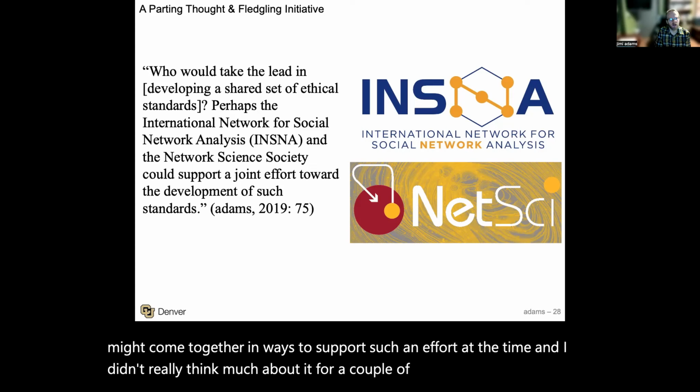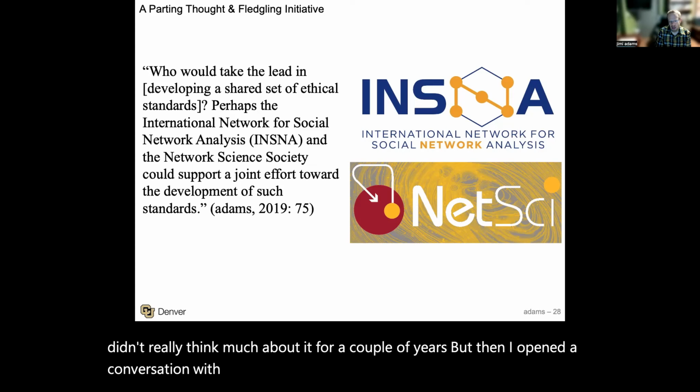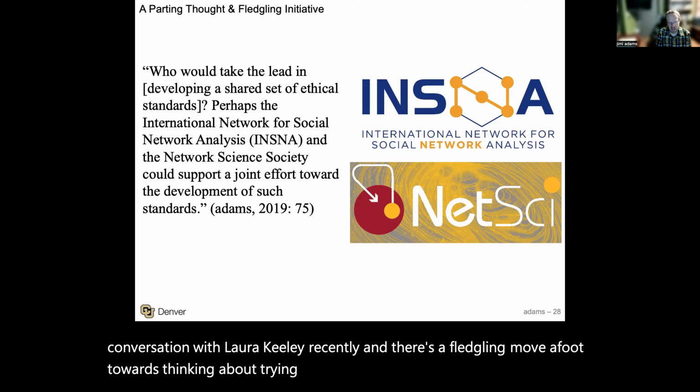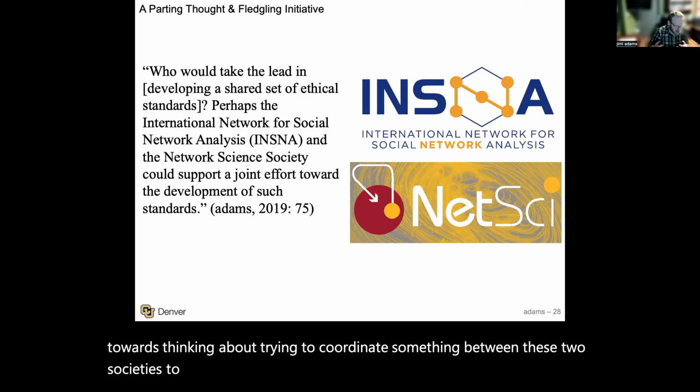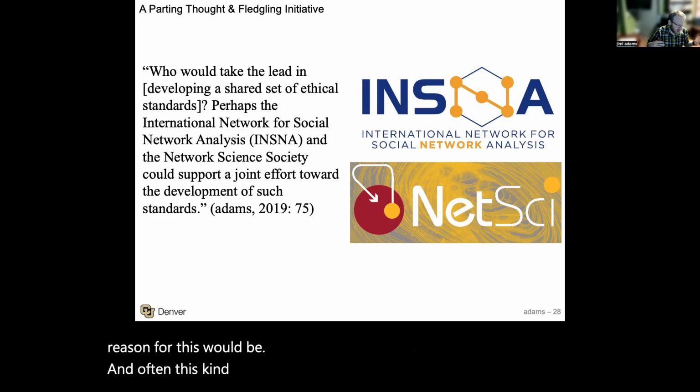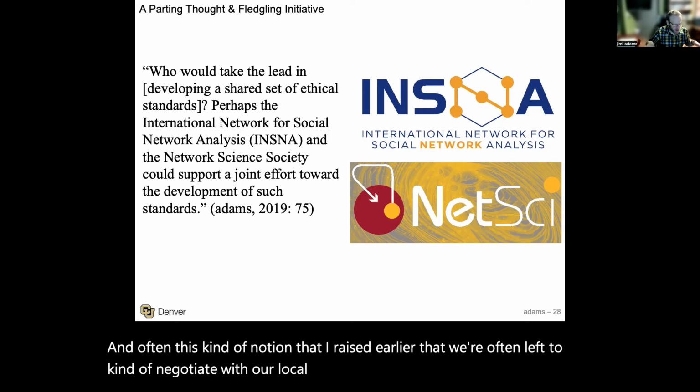But then I opened a conversation with Laura Keeley recently, and there's a fledgling move afoot towards trying to coordinate something between these two societies to develop a set of standards. The main reason for this would be the notion that I raised earlier, that we're often left to negotiate with our local IRBs, with their discomfort with and unfamiliarity with network research.